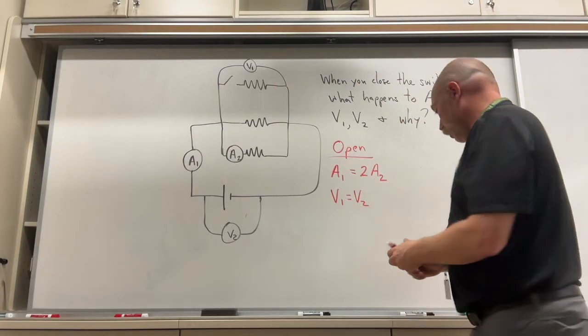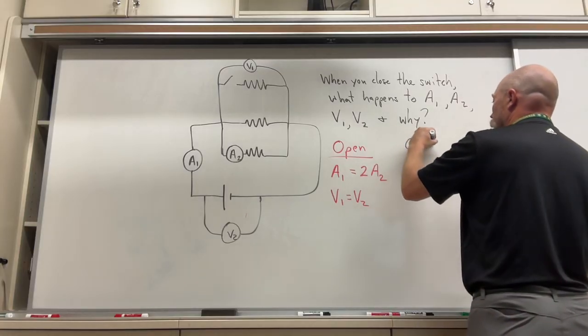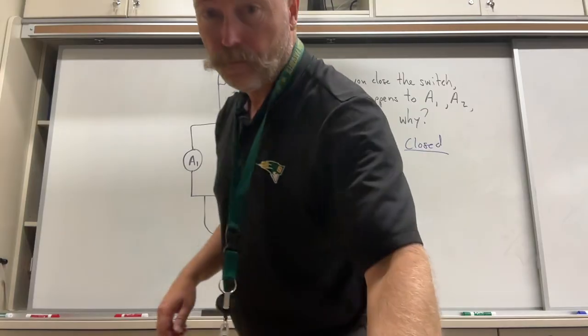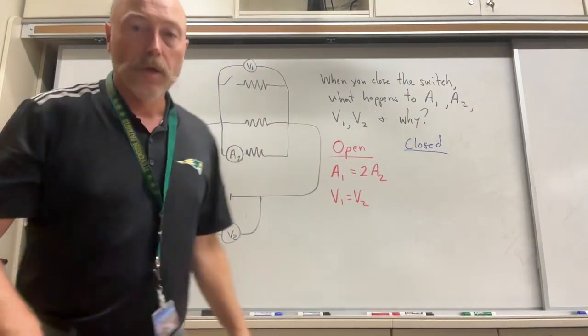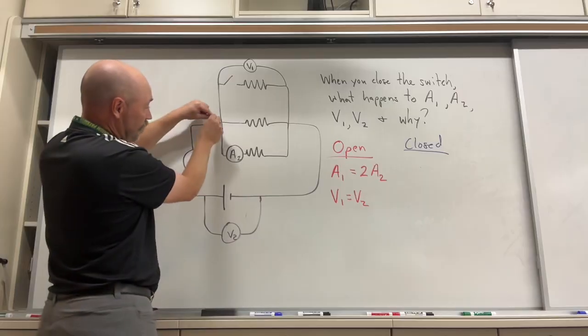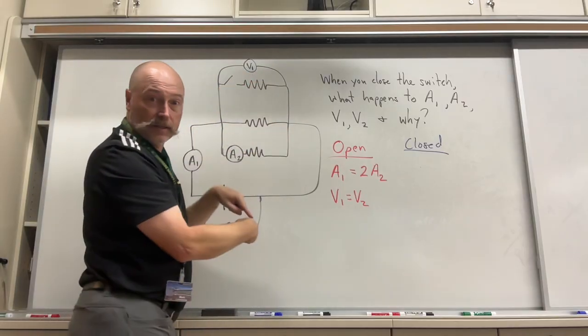When you close it, I will do closed in blue. Again, if we trace it out, current comes out. Now when I close that switch, it splits 3 ways, and then it comes back together.